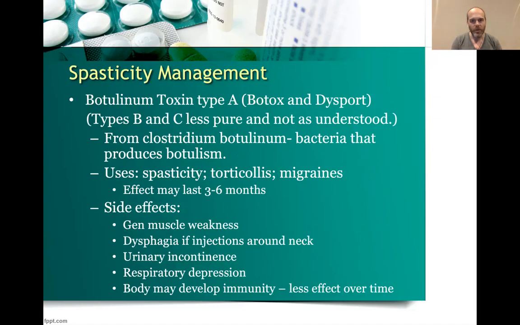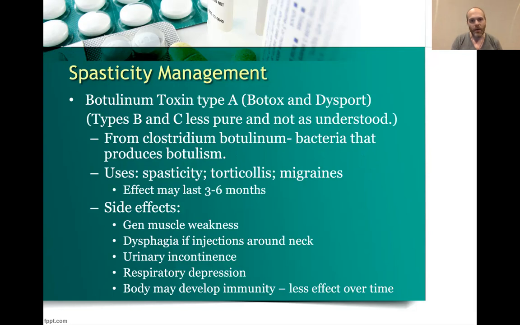All of you have heard of Botox in the last few years, or Dysport. Dysport is just another brand name of the same grade of toxin, the type A toxin. There's three classifications of the toxin, type A, B, and C. Type A is what's most commonly used in the medical field and cosmetically.